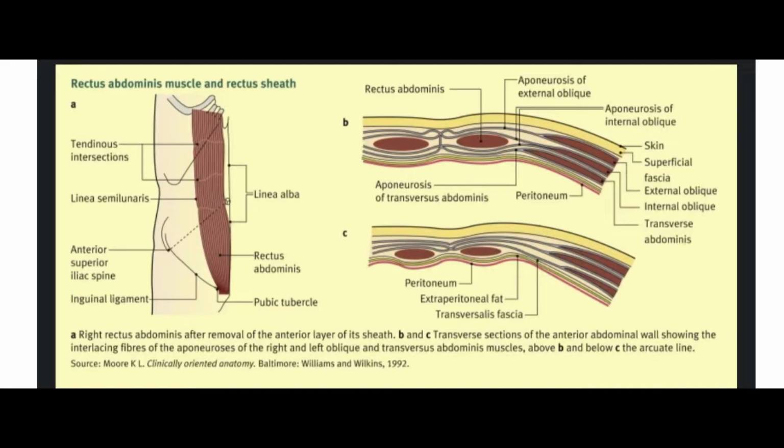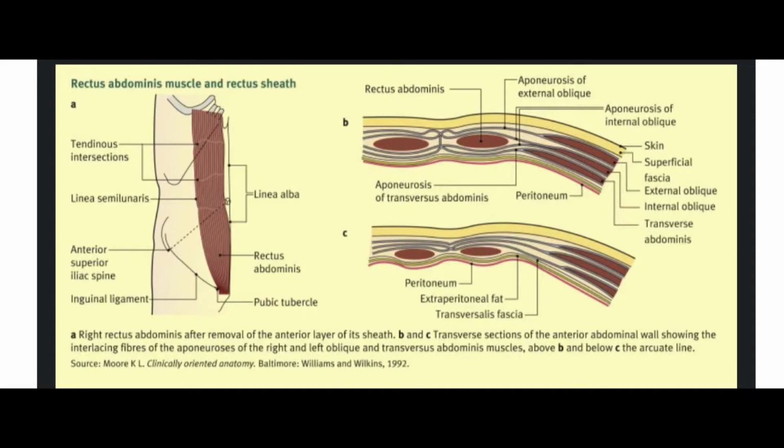So the next layer we're going to talk about is the superficial fascia, which consists of 2 layers: an outer fatty layer, which is also referred to as the Camper's fascia, and an inner membranous layer that is referred to as the Scarpa's fascia. The Camper's fascia separates the skin from the muscles and plays an important role as a protector and insulator to the deep organs that we can see in the abdomen.